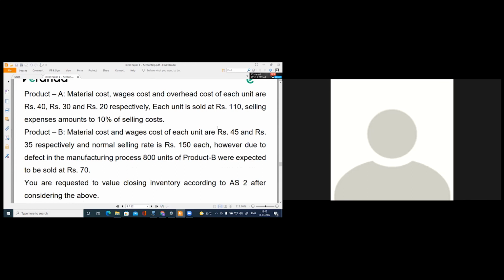Selling expenses amount to 10 rupees. Product B, material cost and wages cost of each unit are rupees 45 and 35 respectively, and the normal selling rate is rupees 150 each. However, due to a defect in the manufacturing process, 800 units of product B were expected to be sold at rupees 70. You are required to value closing inventory according to AS 2.